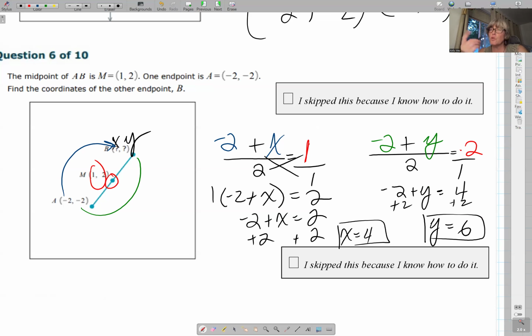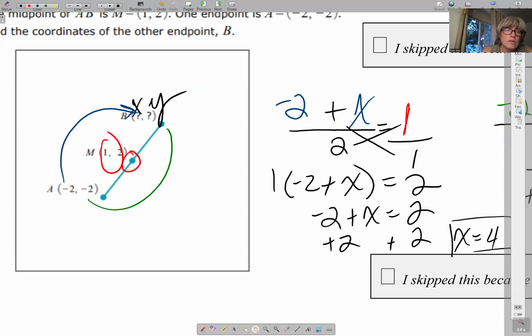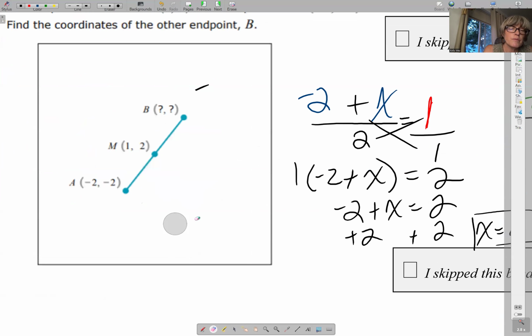I think an easier way to think of this is, I know I have to have equal distance or equal numbers between. So from negative 2 to positive 1, there is 3 units.